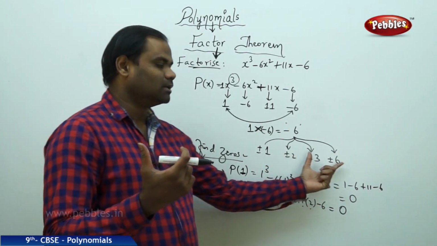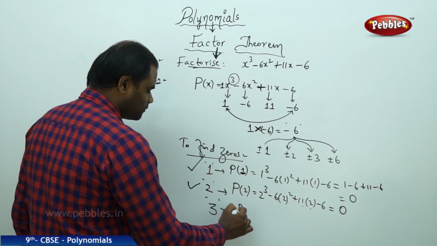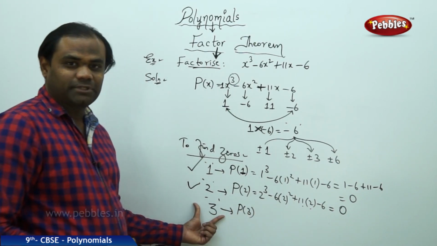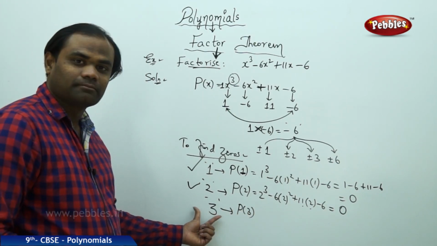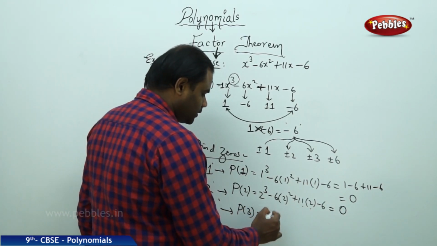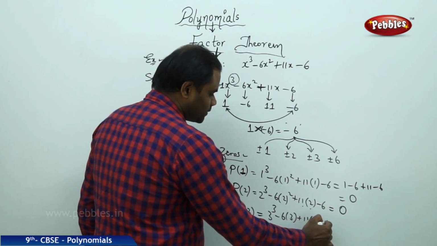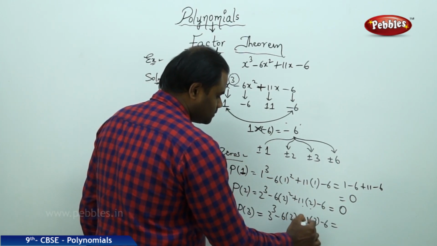Similarly, I try with the other pair. When I check for the zero of the polynomial at 3, I substitute p of 3 and I get 3 cubed minus 6 times 3 squared plus 11 times 3 minus 6.